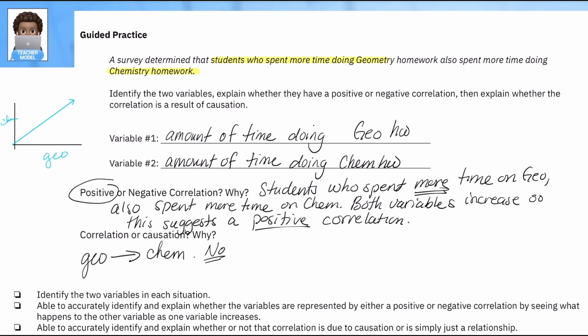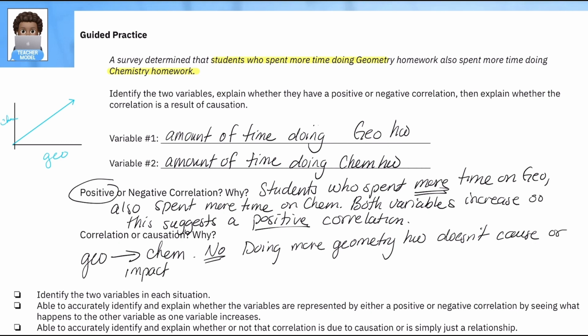No. Doing more geometry homework doesn't cause or impact time on chem homework. So what could that be? Because they're not directly causing each other. One doesn't make the other one happen. They're not directly related. So there has to be something else that might be causing it.